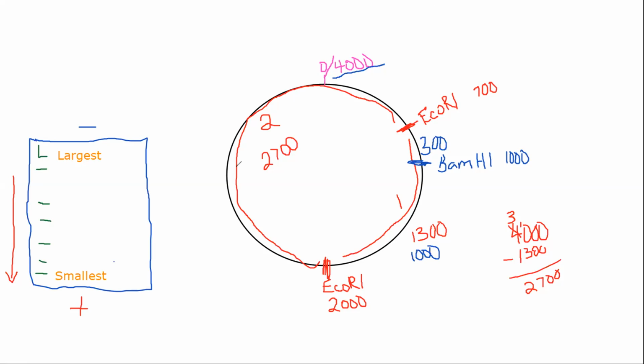And I said, okay, tell me the size of here. And then you went, okay, let me find the band for 300 and put a mark there. And then a band for the 1,000 is here. And then the 2,700. I'm just making up numbers here. And that was lane 1. Whatever. If I ask you for undigested, then it's just the one band at 4,000. And that's all you would need.